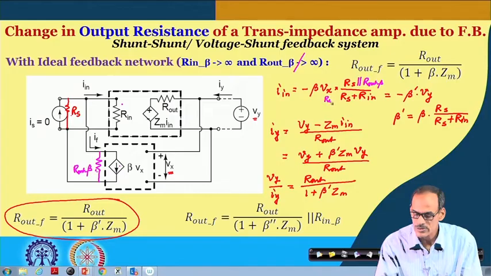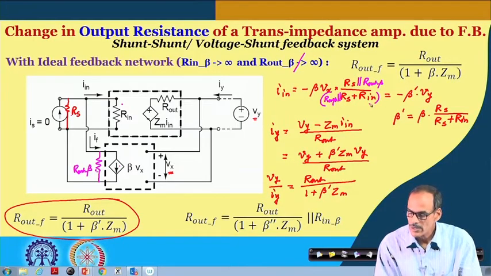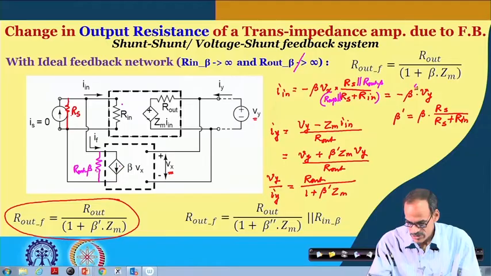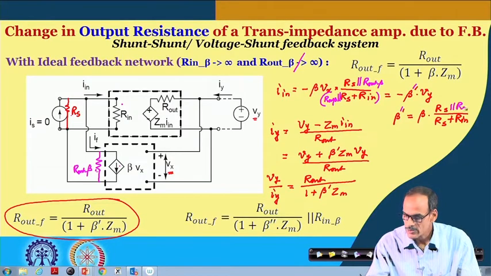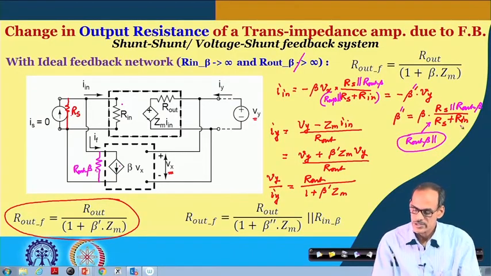Let us call this beta double dash. So, beta double dash is equal to R s in parallel with R out of beta, and here we have to write R out of beta in parallel with R s, and then of course, we do have this R in.